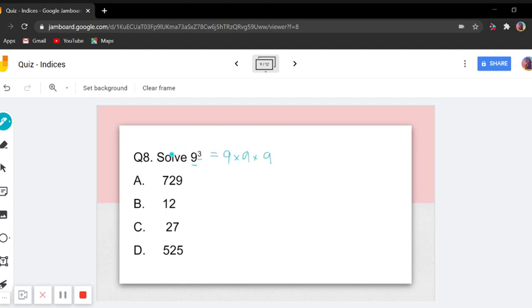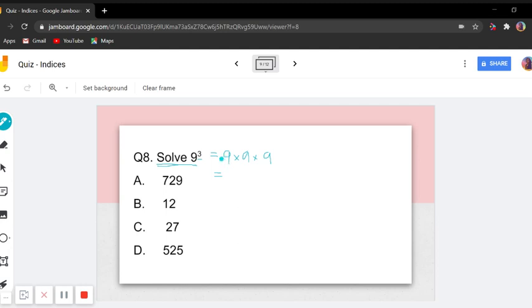Alright, the question is asking us to solve 9 to the power of 3. Let's click on the calculator. What is the answer for 9 multiplied by 9 multiplied by 9? Alright, so what is the answer that is shown in your calculator?